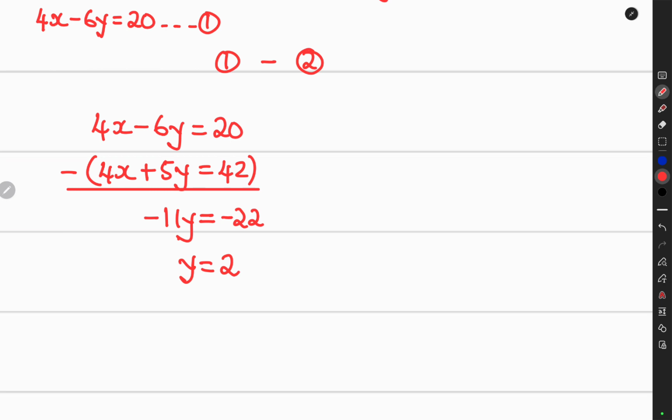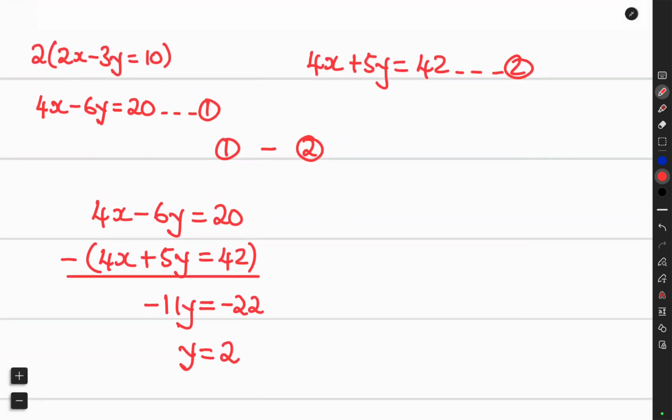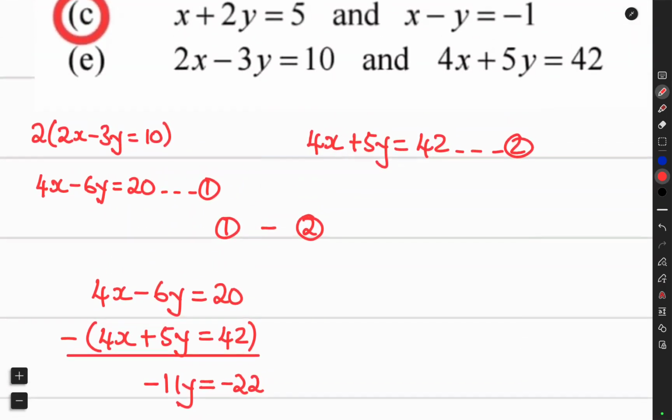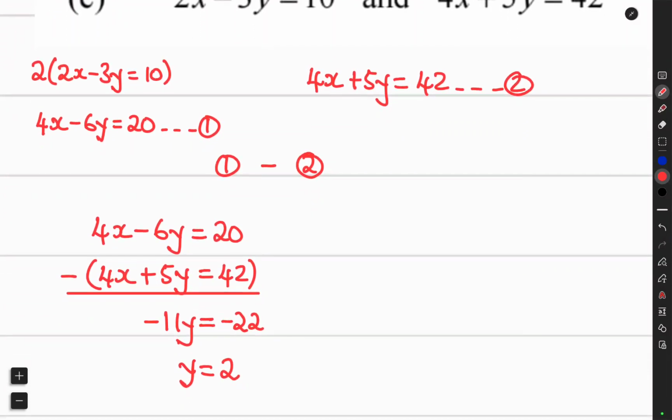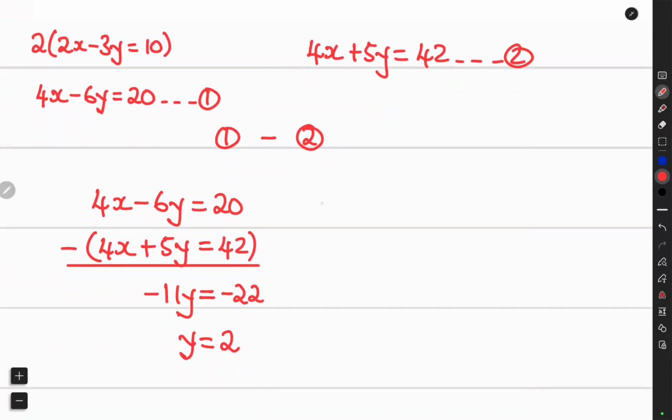After getting the value of y, you can now go to any equation, equation 1 or equation 2, where you will substitute y by 2. This is what you're going to do. 4x minus 6 times 2 equals 20.